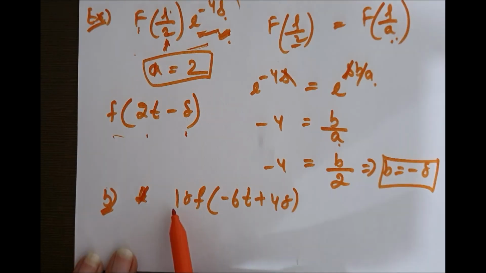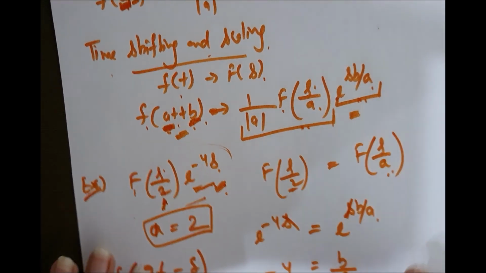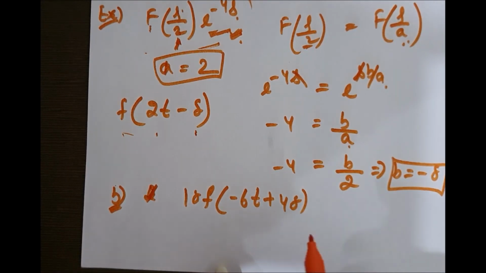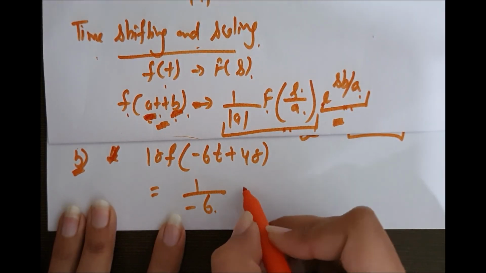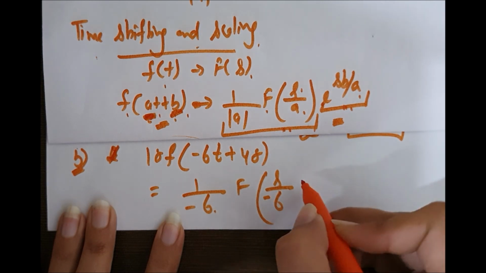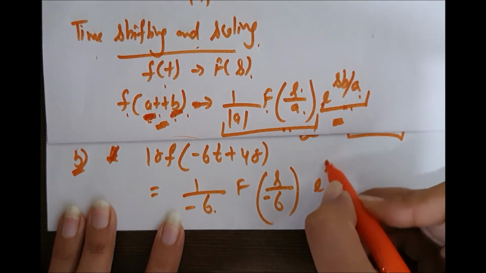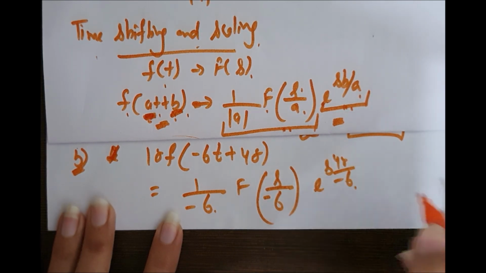Second example: here in this example we are given this and have to find this. Now to find its Laplace transform, just put it in the formula. Here a is minus 6, function s upon a, b is 48 and a is minus 6.